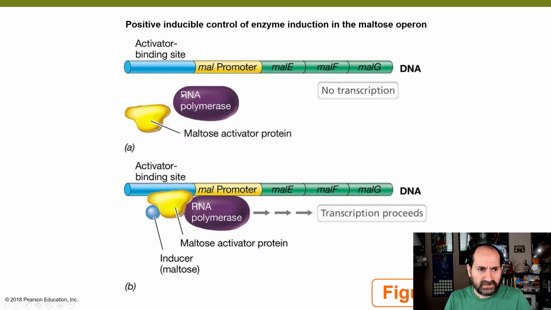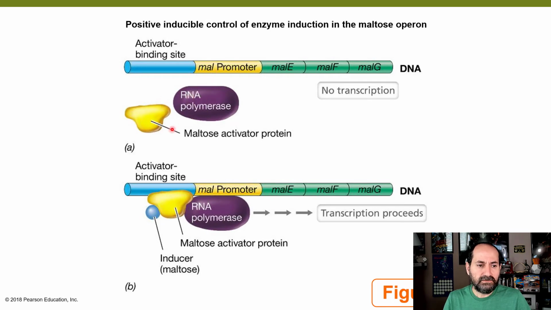So here is an example. You've got the maltose promoter and the maltose operon. So the Mal promoter, and then here are the Mal operon genes, Mal E, Mal F, Mal G. Now, the maltose activator protein binds to the activator binding site, and that helps recruit RNA polymerase to the promoter.